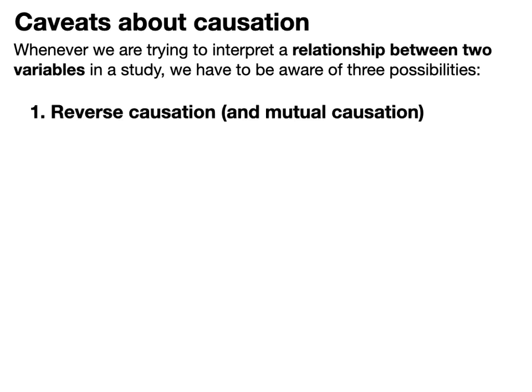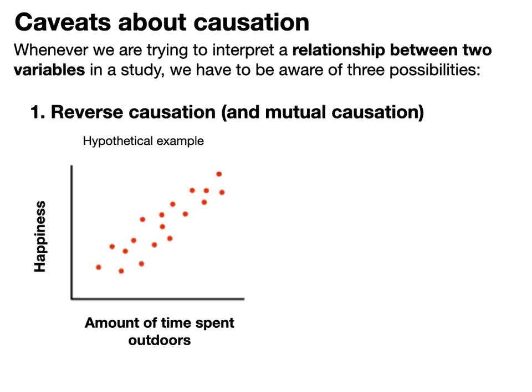Here are 3 other reasons. The first one is called reverse causation and mutual causation. I'm going to explain what that is with this hypothetical example. Suppose I survey students in this class and I measure how happy you are and I measure how much time you spend outdoors.